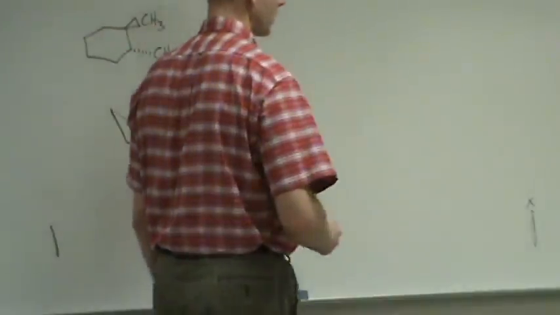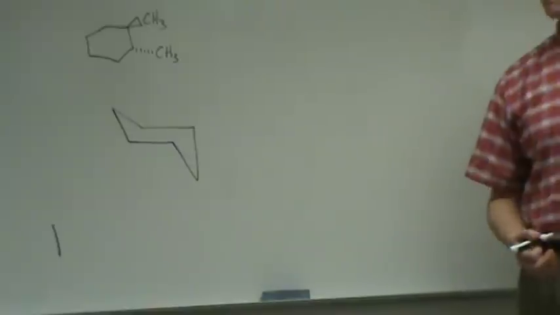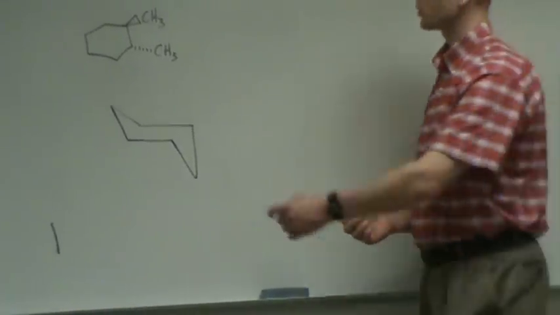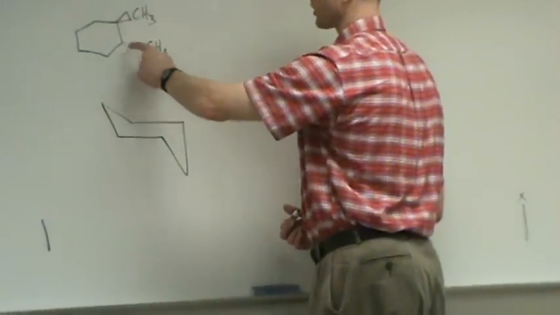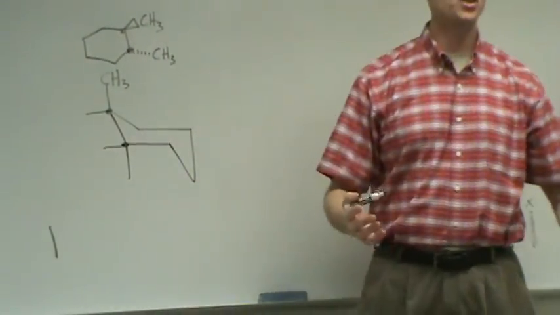So let's put them on the ring. For the chair conformation, this is always the hardest part for the student. Okay. And these two CH3s are on what? Adjacent. There. Doesn't matter.